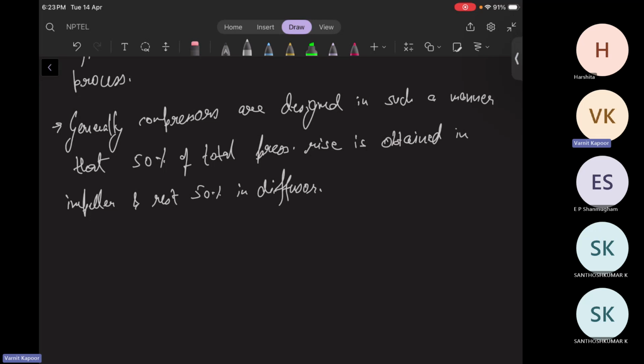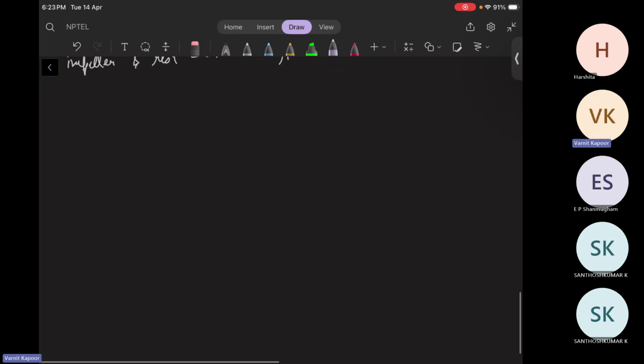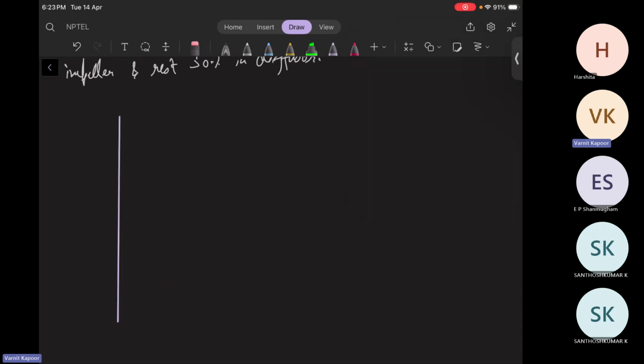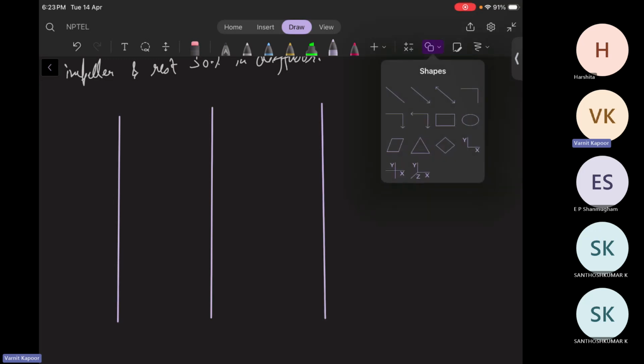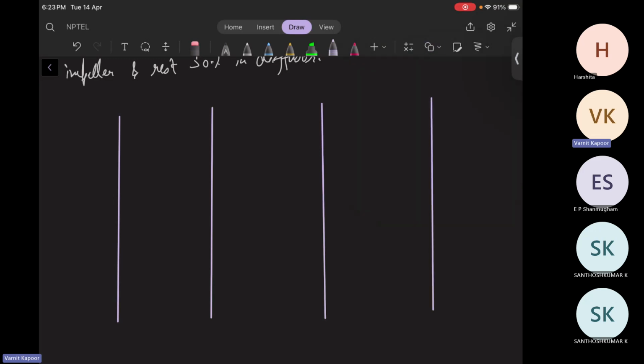So how will we make the pressure velocity diagram for this? Let me draw. Here I'm going to plot pressure above and velocity below.